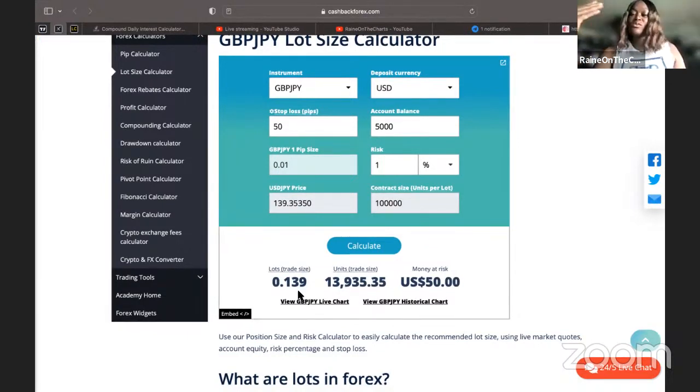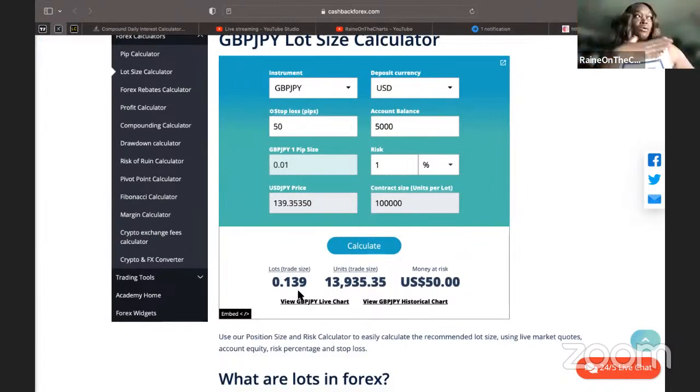If you're willing to risk just 1%, which means 1% of $5,000 is $50. So you are making an agreement with yourself that if I lose $50 taking this trade, I will be okay. I'm not going to have heart palpitations, because this is risk that I'm able to tolerate. Because we should all know that trading involves risk, and there are 2 outcomes.